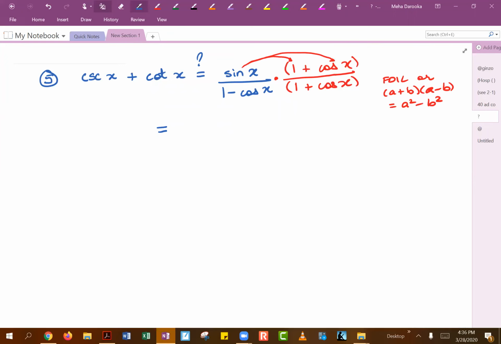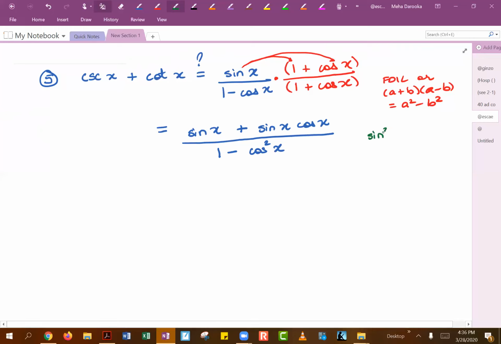So the numerator will become sine of x times 1 is sine of x, plus sine of x times cosine of x will of course give us sine x cosine x. And then our denominator will be a squared minus b squared. So your a is 1. So 1 squared is 1 minus cosine times cosine will of course give us cosine squared of x.